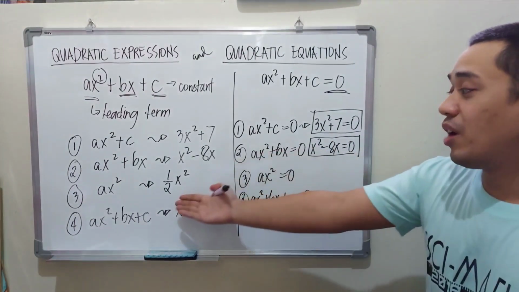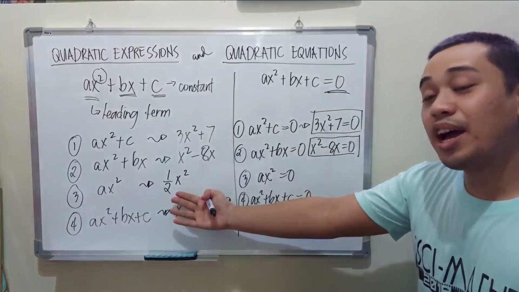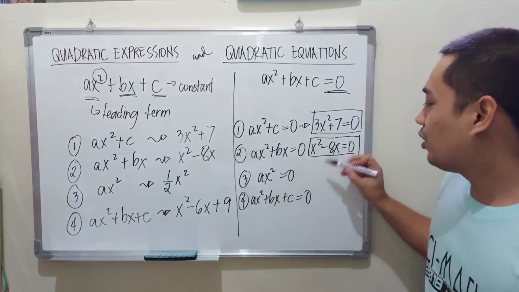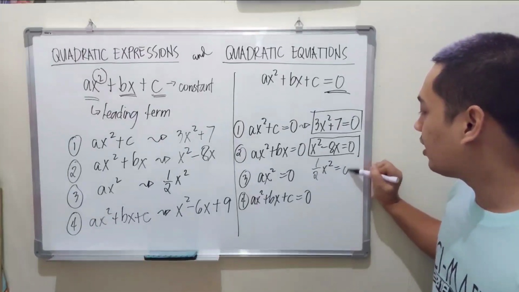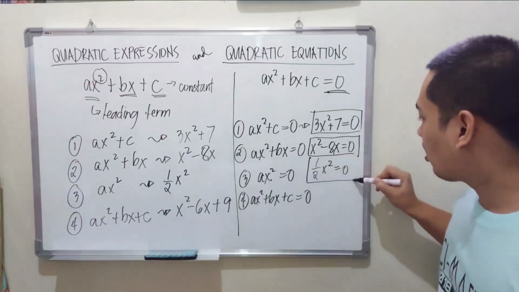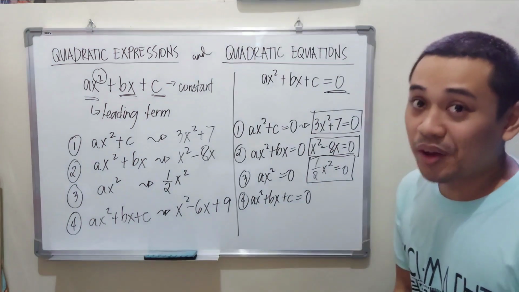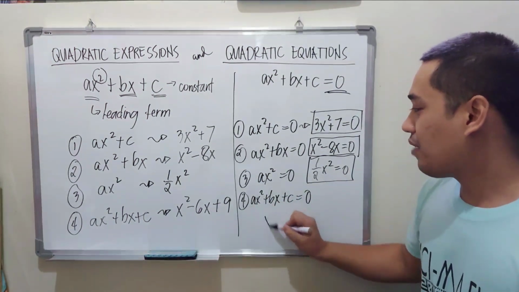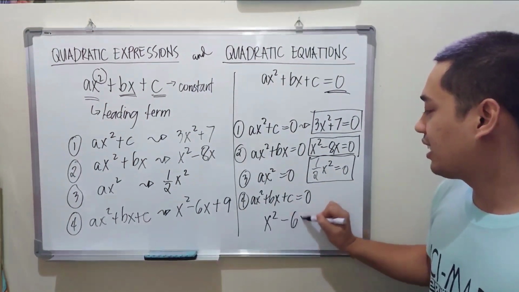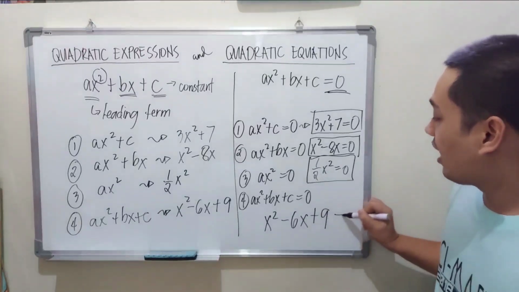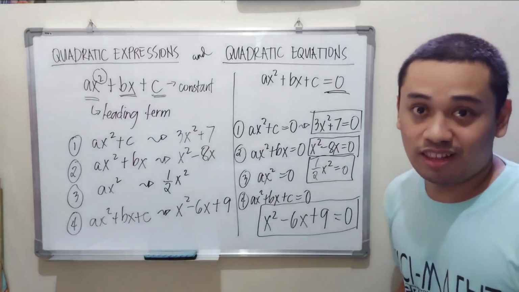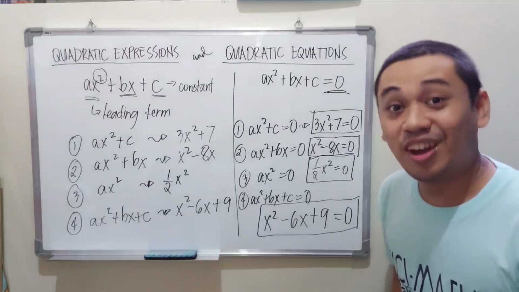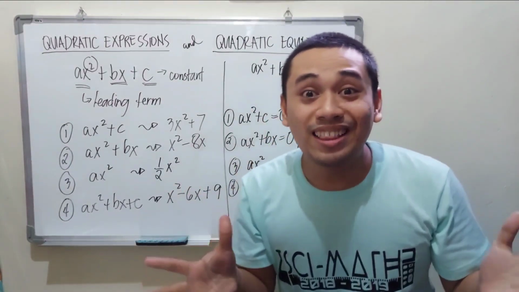Next, kung ang example natin kanina ay 1/2 x squared, we could use it as 1/2 x squared equals 0 for it to become a quadratic equation. And lastly, we have x squared minus 6x plus 9 equals 0 as an example of a quadratic equation. Okay na? O diba, ang dali lang.